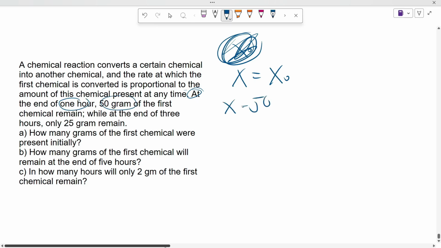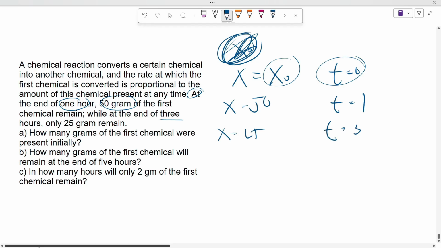So 50 grams pagkatapos ng isang oras. Ito ay x initial at 0 hours of the first chemical remain, while at the end of 3 hours, only 25 grams. So how many grams of the first chemical were present initially?